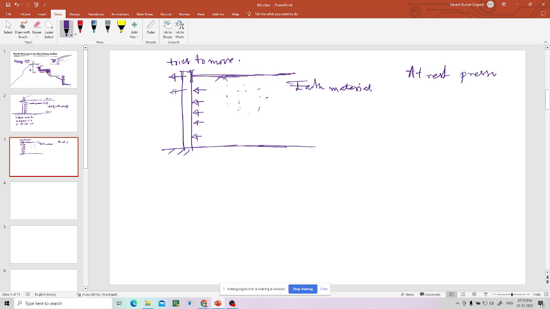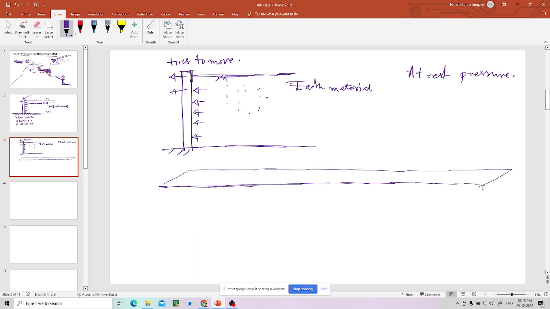At rest pressure: suppose you can see a bridge. Now these are the two ends, there are some columns, piers, right?